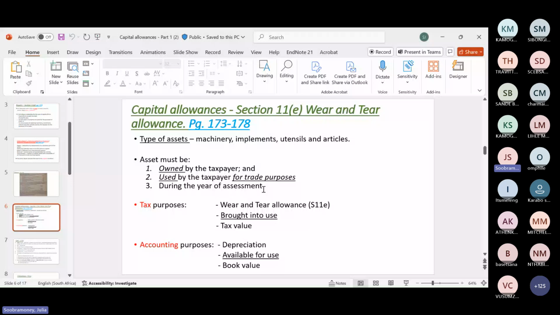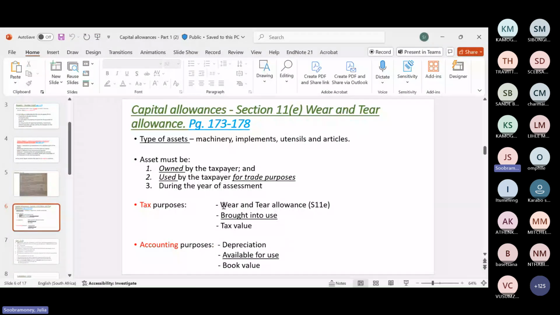Right, so what is the difference here between tax and accounting? Now, we say section 11E, wear and tear allowance. For accountancy purposes, you would just say depreciation, but the concept is the same. So what is the difference between tax and accounting? Accountancy, you say depreciation. Tax, we say wear and tear allowance, or we say Section 11E.